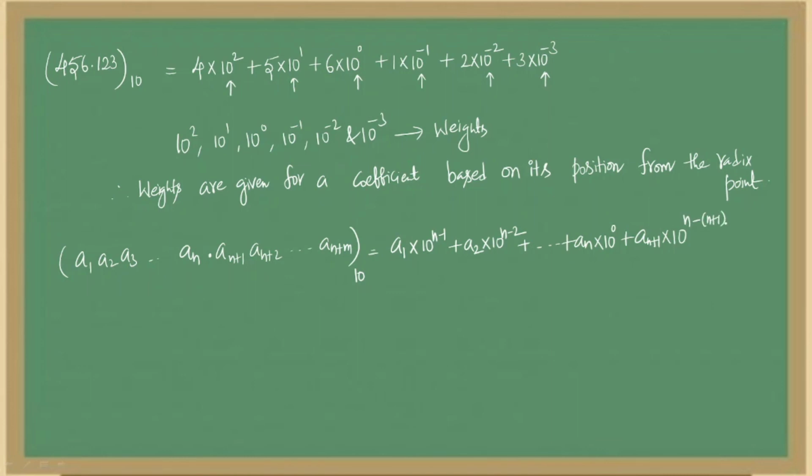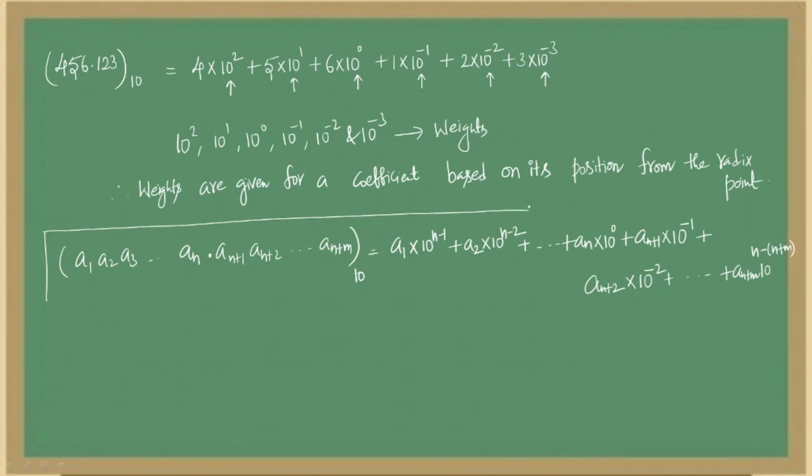So n minus n plus 1 gives you 10 power minus 1. N and n get cancelled, so 10 power minus 1 plus a n plus 2 into 10 power minus 2 plus, and so on, plus a n plus m into 10 power n minus n plus m.